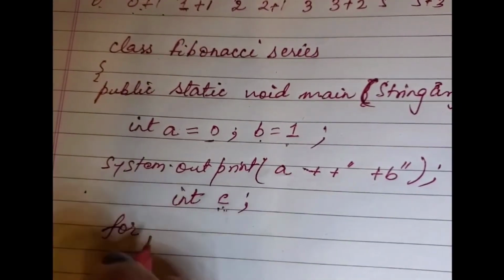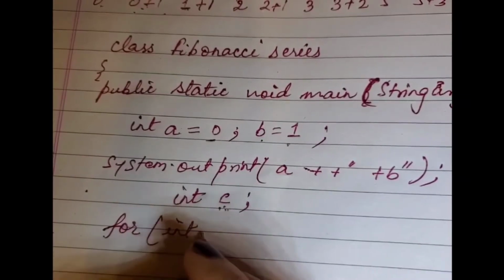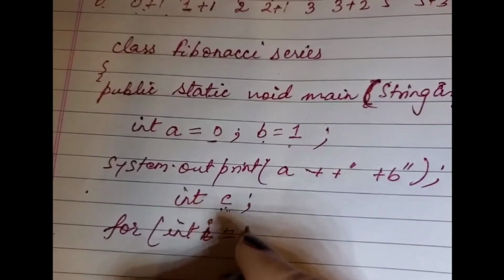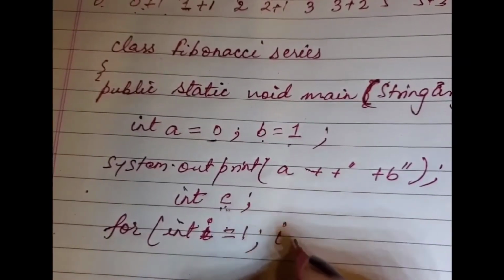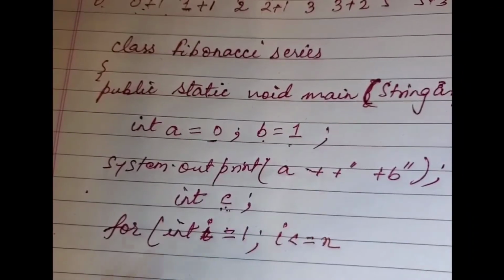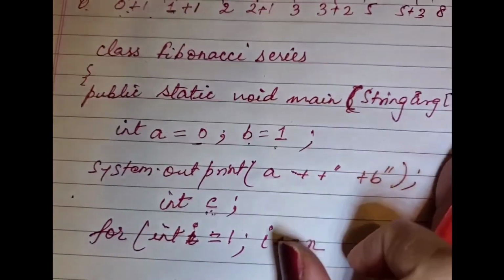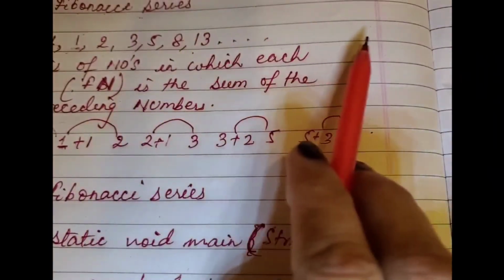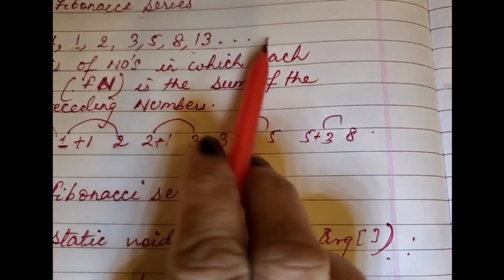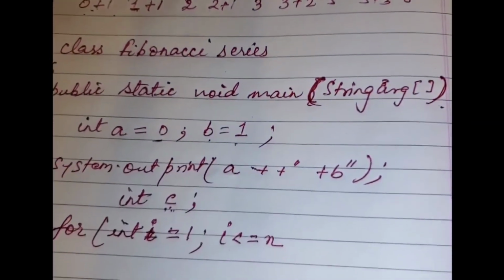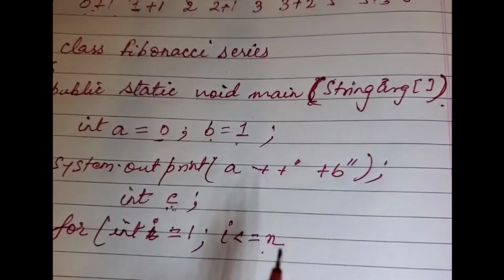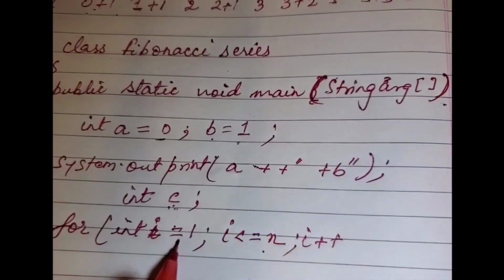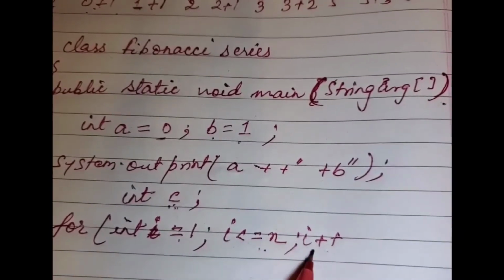So for int i equals 1, the first value, and then i less than or equal to n terms, because we don't know where this program is going to end. As you can see, it's 13 and then so on is written. If the last digit is mentioned, you may use that number instead of n. And then i plus plus. Done. Initial, final, updation. Done.